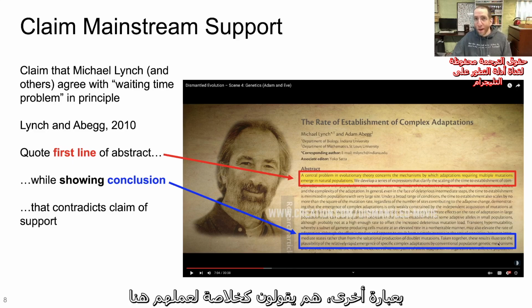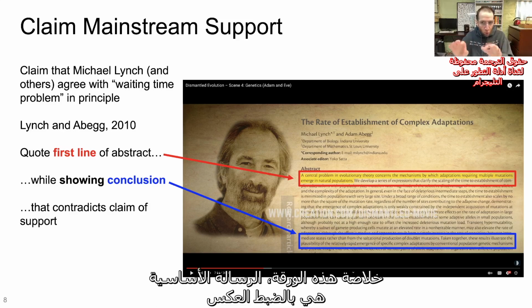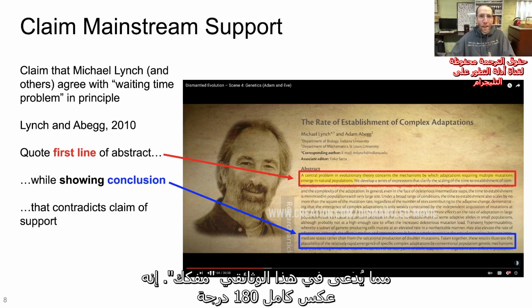In other words, they are saying, as the conclusion to their work here, the takeaway message, is exactly the opposite of what is being claimed in this Dismantled documentary. It's just 180 degrees. It's complete opposite.